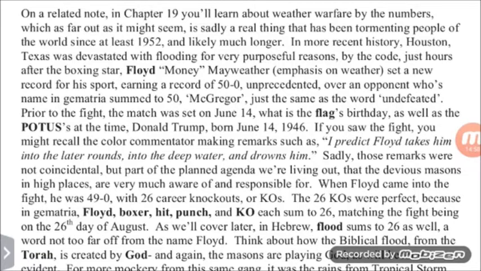Just hours after the boxing star Floyd Money Mayweather, emphasis on weather, set a new record for his sport, earning a record of 50-0 over an opponent whose name in Gematria summed to 50. McGregor, just the same as the word undefeated.